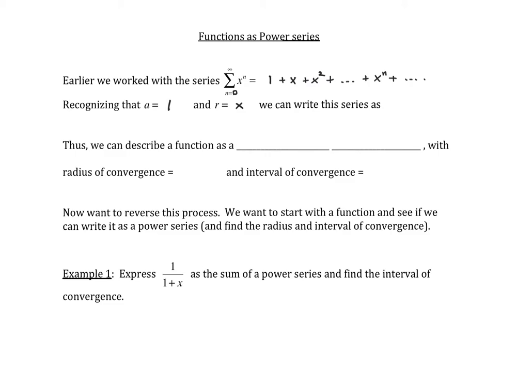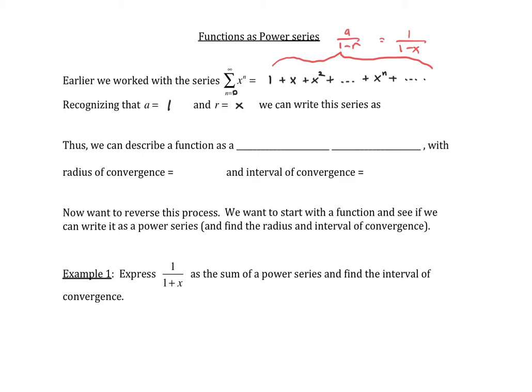Now, what I want you to notice is that we actually know what the sum of a geometric series is. The sum is equal to a divided by 1 minus r. In our case, a is equal to 1 and r is equal to x, so this becomes 1 over 1 minus x.